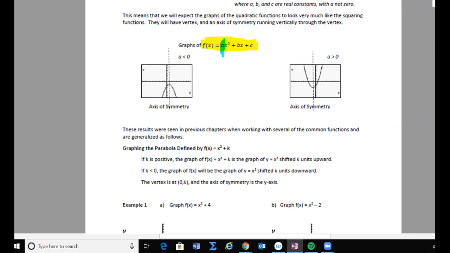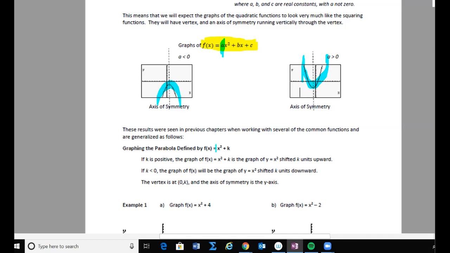And if it's negative, we have something that comes down like this. Positive comes up, negative goes downward. You can think of up as a cup, and down as a frown.